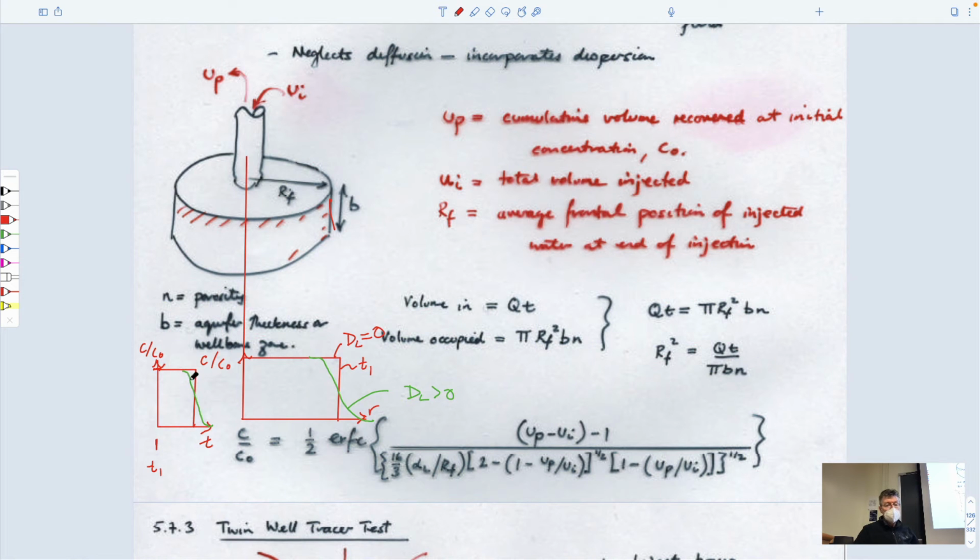The fact that you get this response with this not vertical angle but a canted angle is a measurement of the dispersion. If it comes back as a plug flow, you know you have no dispersion in the system. If it comes back with an angle attached to it, then you have increasing magnitudes of dispersion.